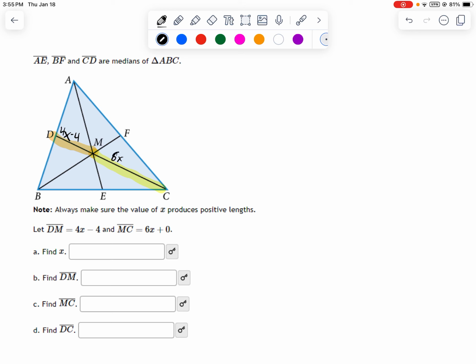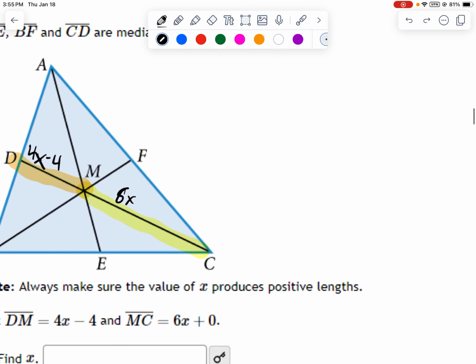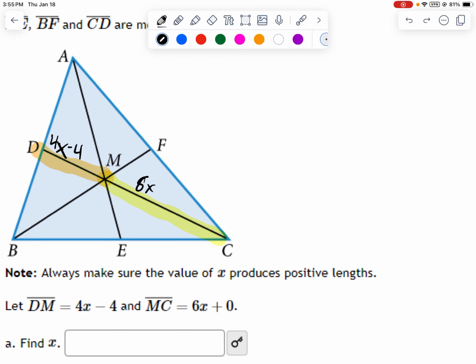And from there, you were told to first find x. Not a problem, super easy. So we know, from what we just talked about, that this is going to be half of the larger segment, so 4x minus 4 equals half of that larger segment.